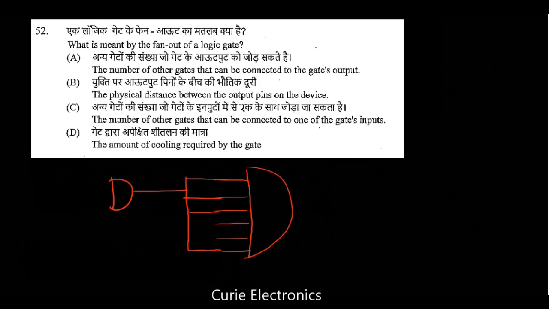That is known as the fan out. So which is the one? The number of other gates that can be connected to the gate's output. So option A is the right answer. That's the fan out.